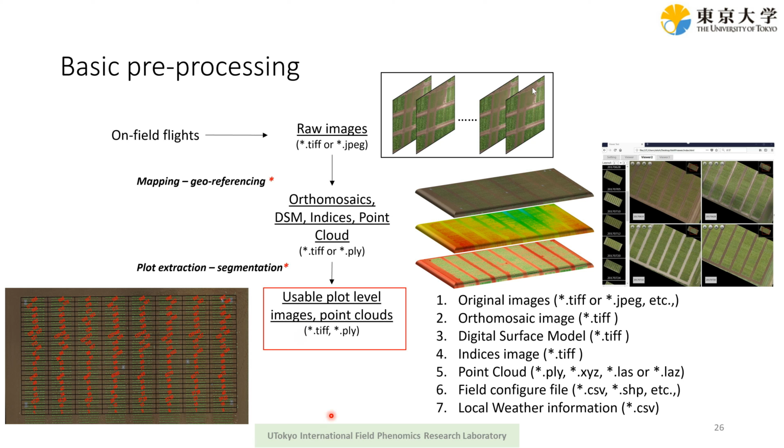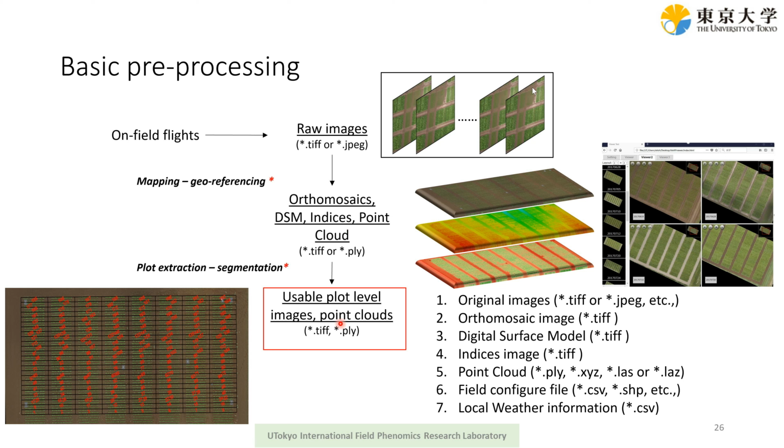Does that answer your question? I hope so. So is it a fully automated pipeline on this slide with the basic pre-processing, or is quite some manual adjustment needed? Oh, yes. At this moment, from raw images to the orthomosaics, since we are using a commercial software, which is Pix4D, we are running some batch processing on it, but it's still not automatically done.